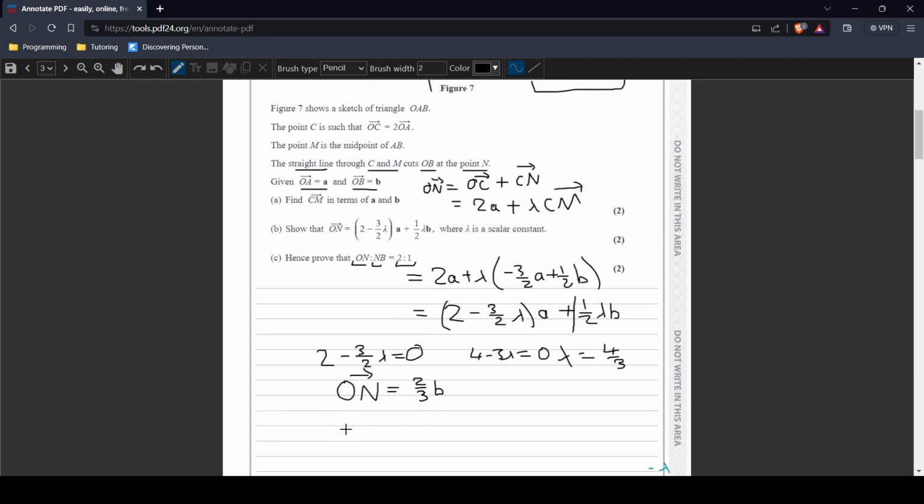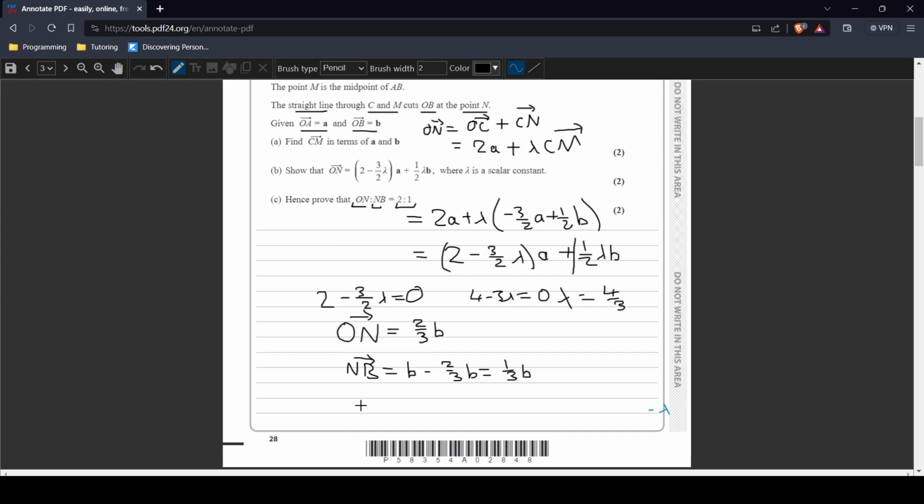The vector NB is the position vector of B minus the position vector of N, so b minus 2/3 b, which is 1/3 b. And now clearly ON to NB is 2 to 1, because the vector ON is twice the vector NB. 2/3 b is twice 1/3 b.